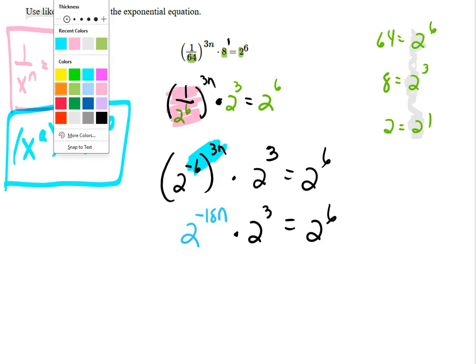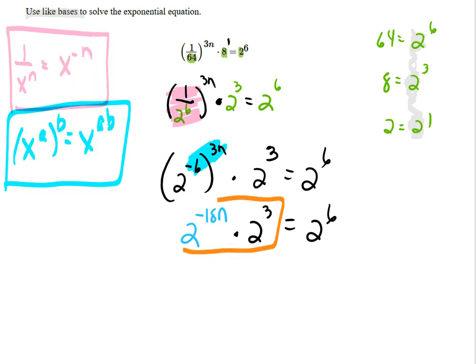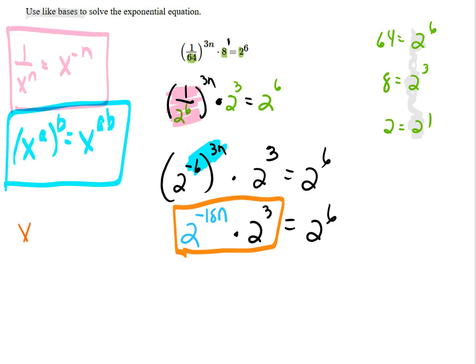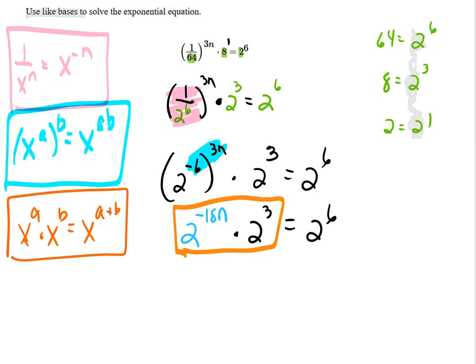Now, because I have this part right here, I'm going to use the rule that says if you have x to the a times x to the b, that is x to the a plus b. It's where you add the exponents. So because I have a base 2 here and a base 2 there, it's going to be 2 to the negative 18n plus the 3. You have to take this exponent and add it to that one, a plus b.